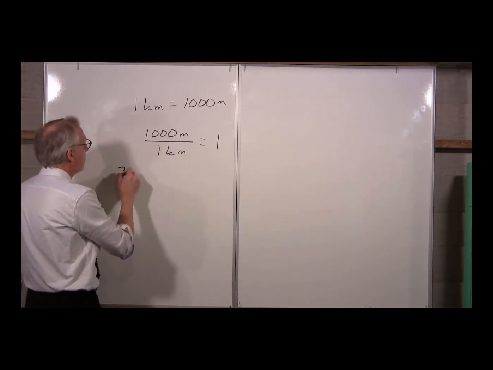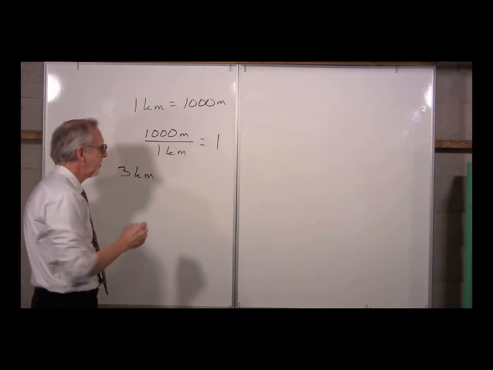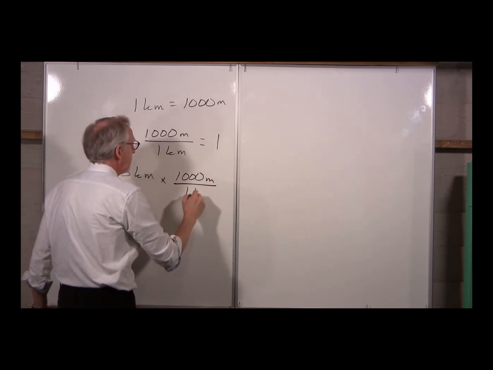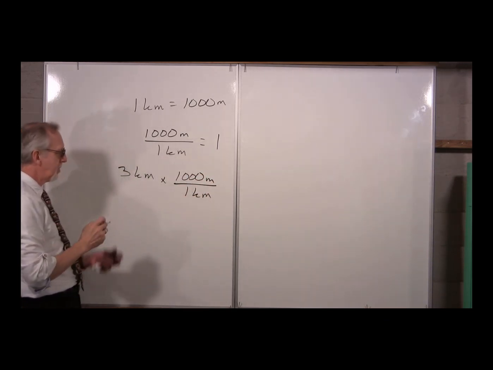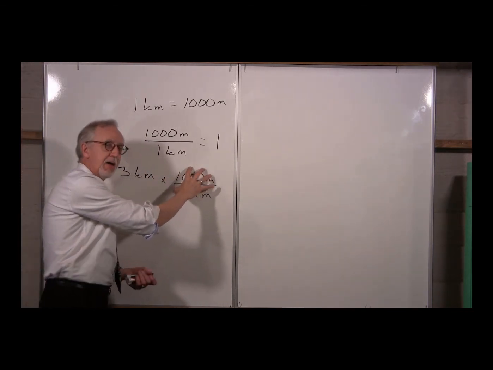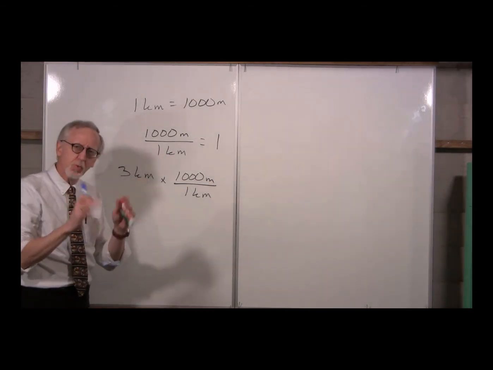So, what is 3 kilometers? If we wanted to convert that to meters, we multiply by 1,000 meters divided by 1 kilometer. We are taking this value and multiplying it by 1. So we're not changing the value. We're not changing the actual distance.